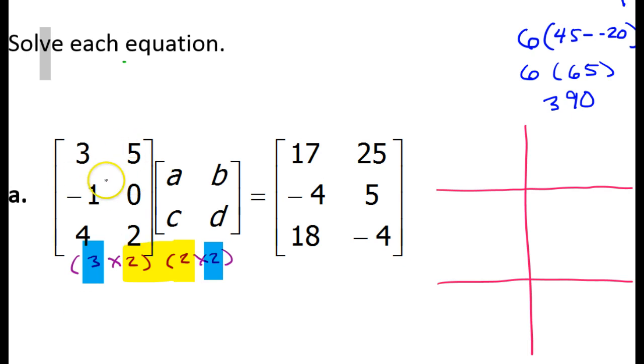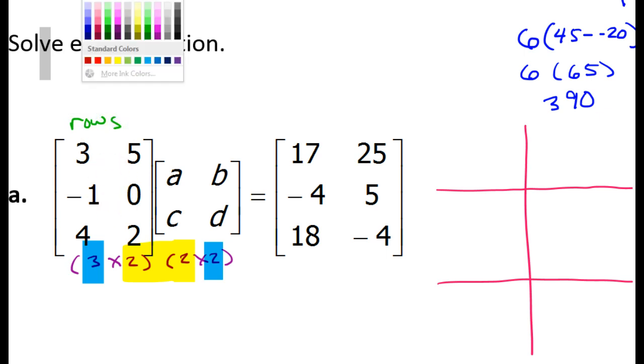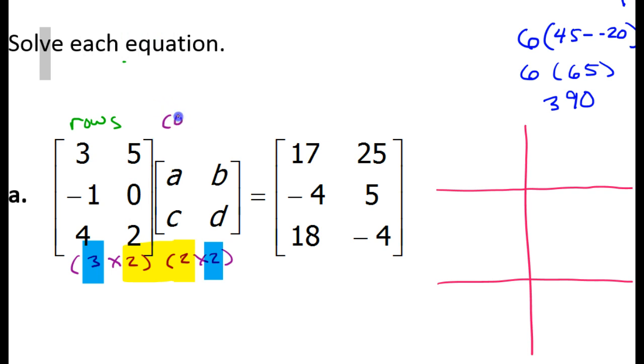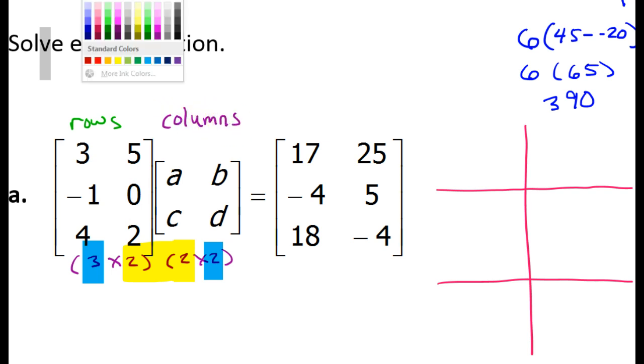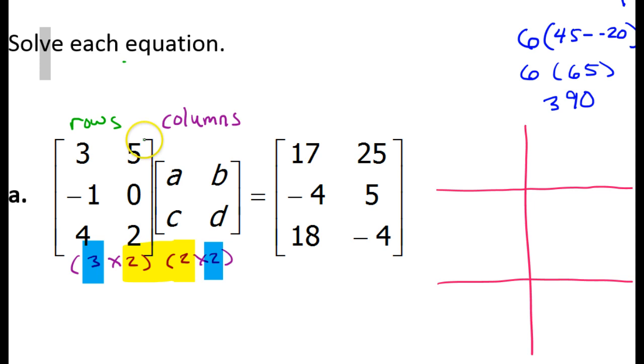Okay, I'm going to be multiplying rows by columns. So all of my rows are going to come from the first matrix, and all of my columns will come from the second matrix. So first let's do these rows. Row 1 will go across row 1. So that's why I will have 3, 5, 3, 5.